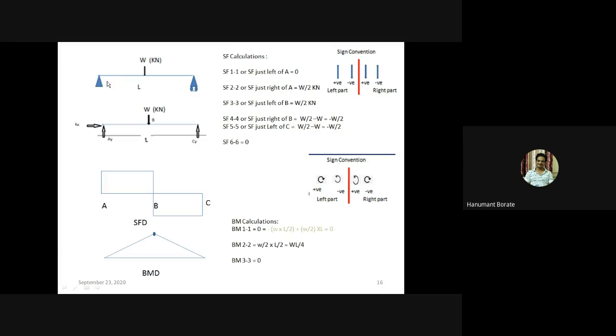If we are taking a section here at a distance of L by 4, then W by 2 into L by 4. So at this point, we'll get the bending moment WL by 8. Meaning there is a positive value, and this value is proportional to this WL by 4 value, right?